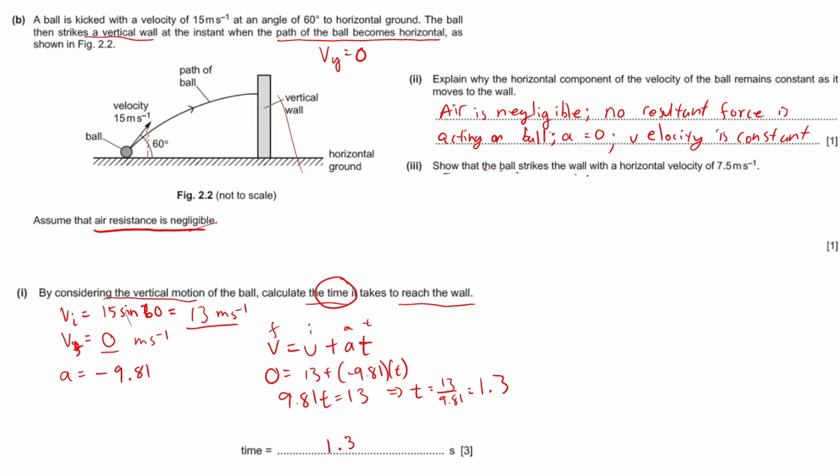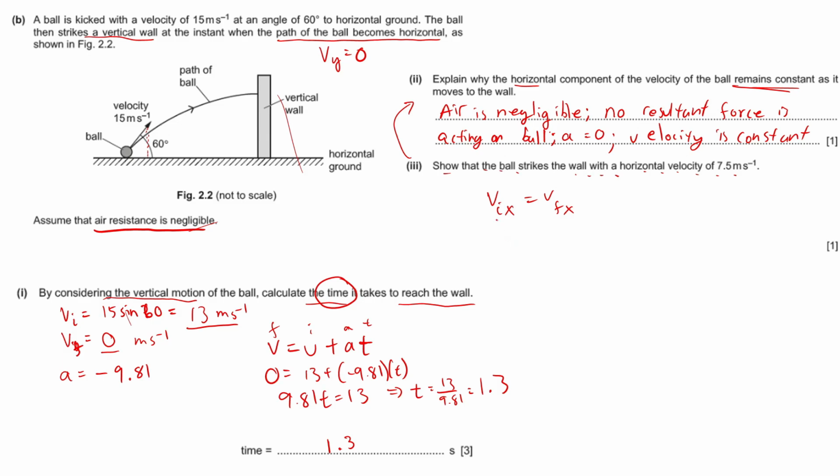Show that the ball strikes the wall with a horizontal velocity of 7.5 meters per second. So this is kind of clever. If you look at the previous part, each part is kind of related to each other. We are given that the horizontal component of the velocity remains constant. This means that the initial horizontal velocity is equal to the final horizontal velocity.